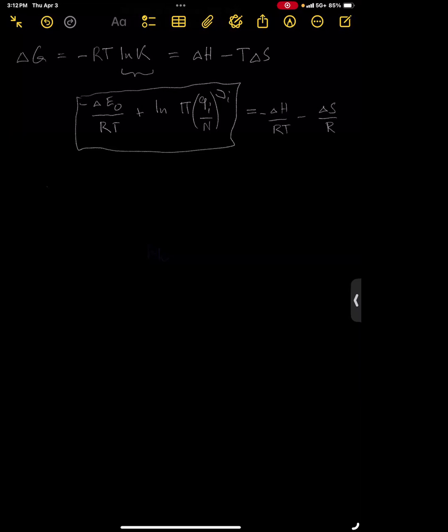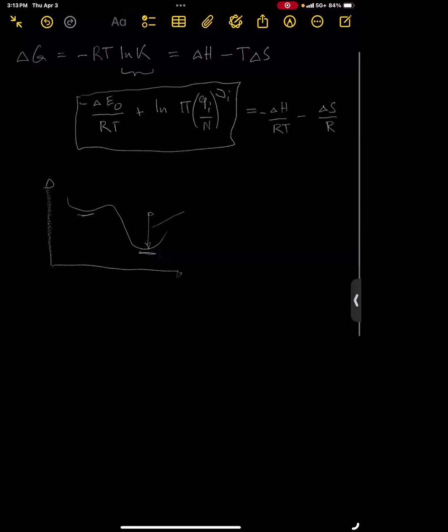So again, you can have a figure like this, right? So if this is your product and the reactant, then for T, we can look at the energy, and this would be our delta E0.